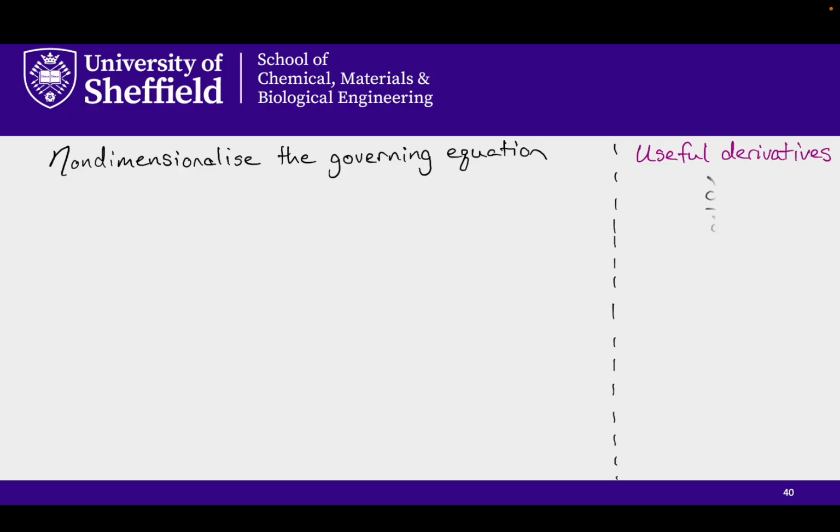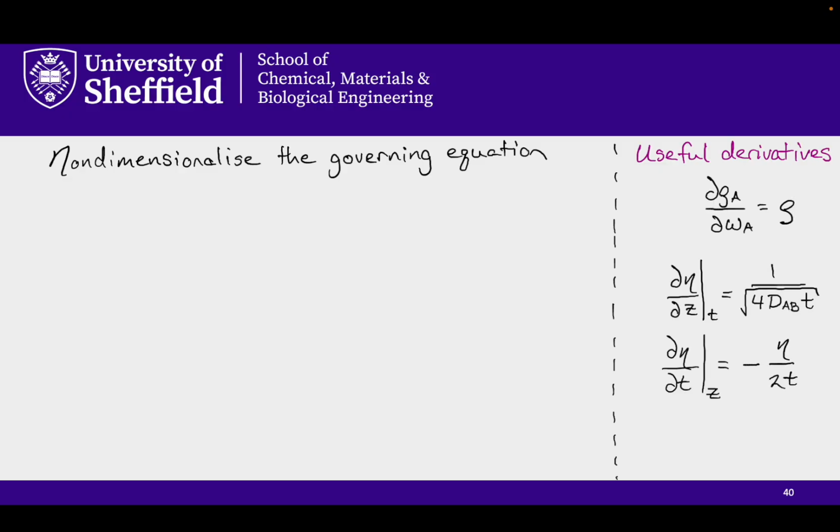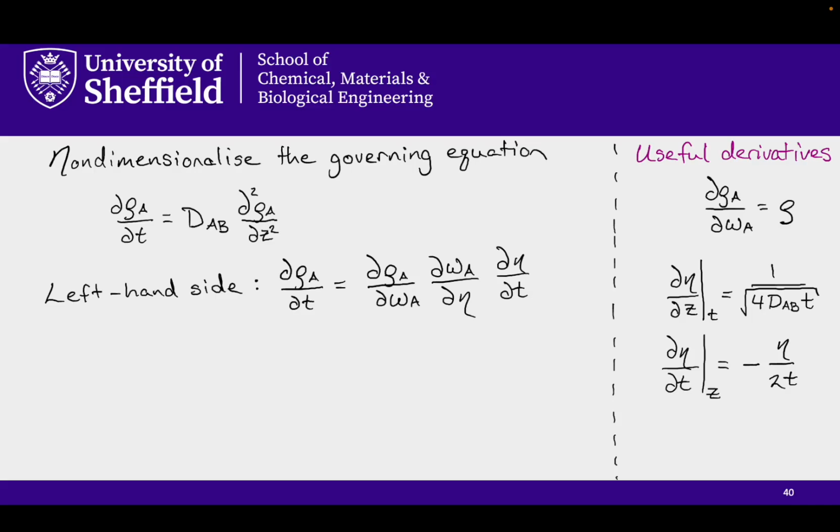Next, we're actually in a place where we can non-dimensionalize the governing equation, and I'm going to copy over on the right-hand side what these useful derivatives are that we've worked on in the previous slides. So if this is our governing equation, we'll start with the left-hand side, and we'll expand it using the chain rule so that we can transform the coordinates from rho a, t to omega a and eta.